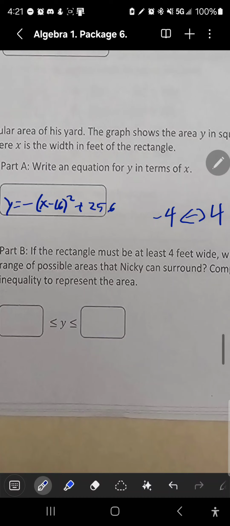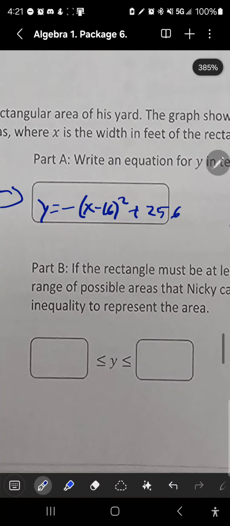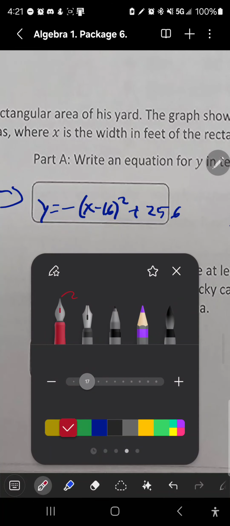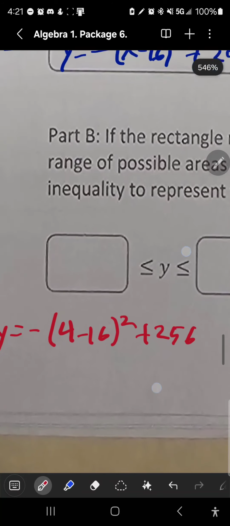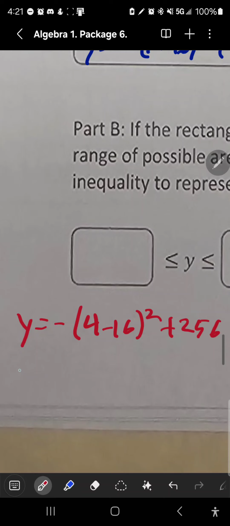Every time we square things in a quadratic equation, we convert the number to positive. That's a tricky part, but if we use our equation, we need to do the positive 4 first. So y equal negative (4 minus 16) squared plus 256. 4 minus 16 is negative 12, squared plus 256.